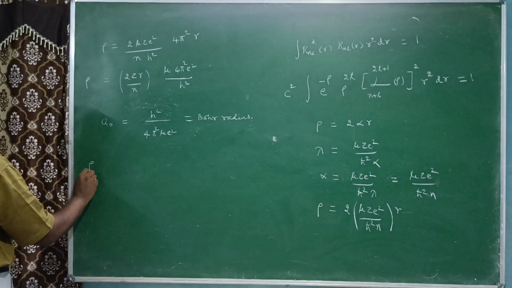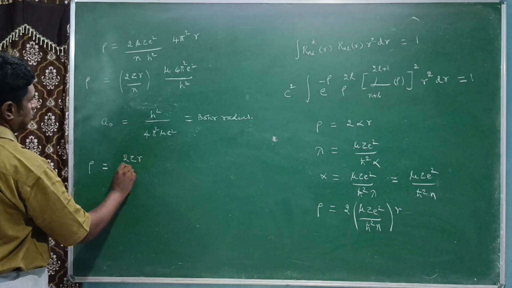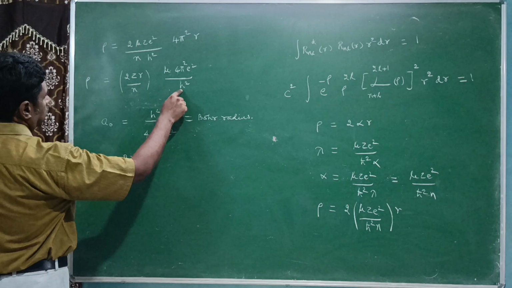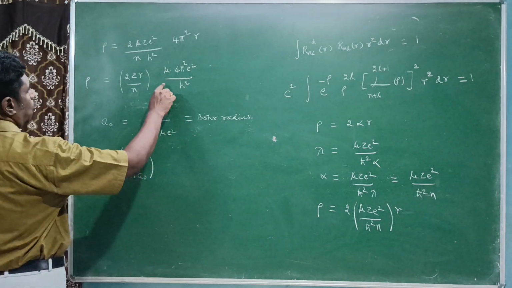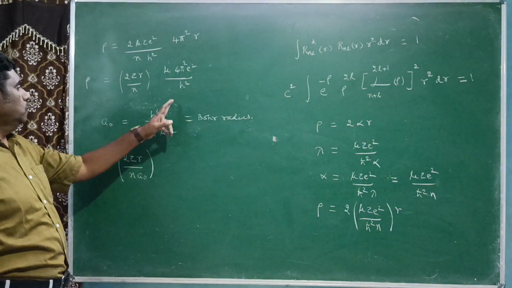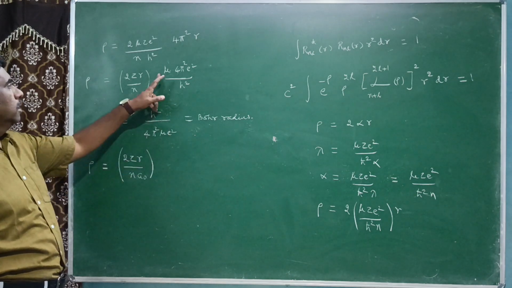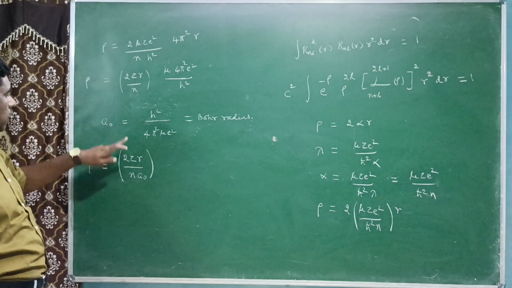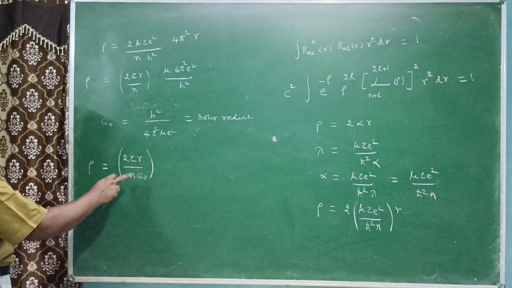Now the above equation becomes rho equal to 2Zr by n, and this is 1 by a0, because a0 equals h² divided by 4π²μe². So 2Zr divided by n a0 is the value of rho.